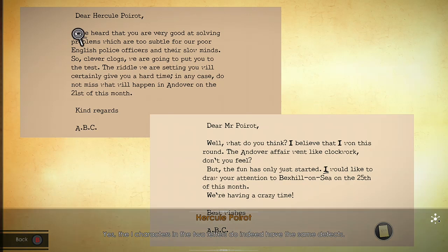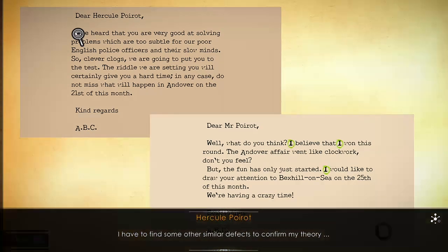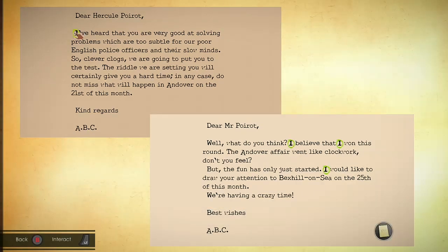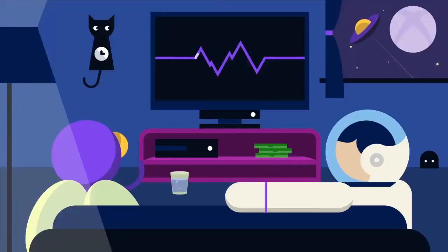Right, so I gotta restart the game because it's done that stupid flipping thing where it's taken off the sound. So, one sec.